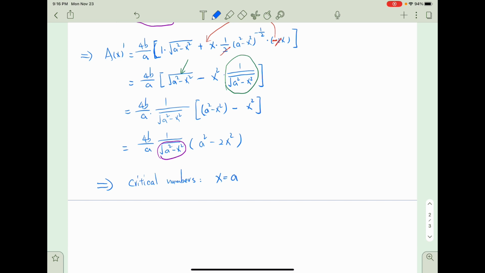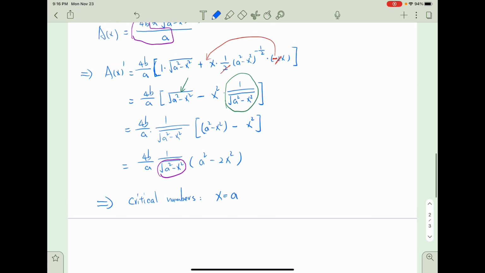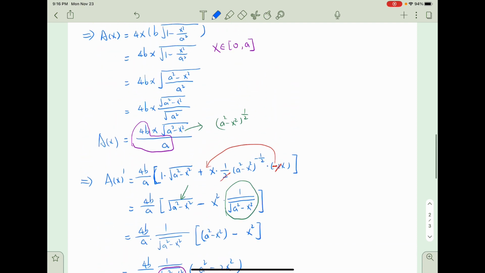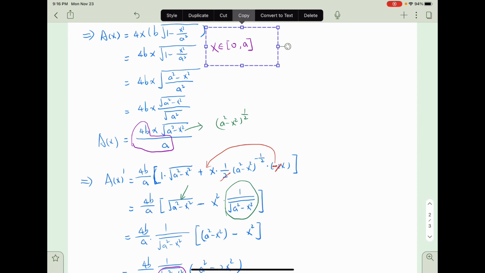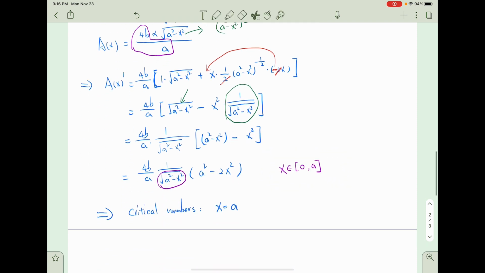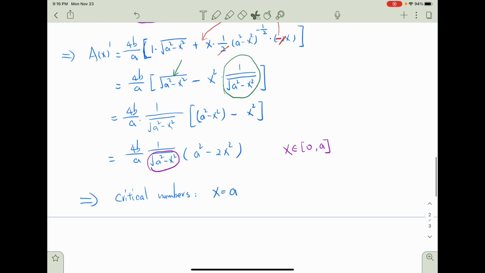Some people may say, oh, when x is equal to negative a, this denominator is also 0. But keep in mind that x equal to negative a is not inside our domain. Our domain is x from 0 to a, so we only consider those numbers inside our domain. When x is equal to a, this derivative does not exist, so a is a critical number.